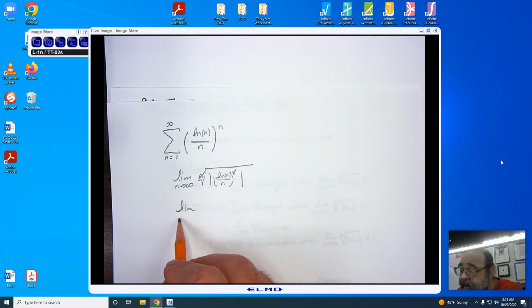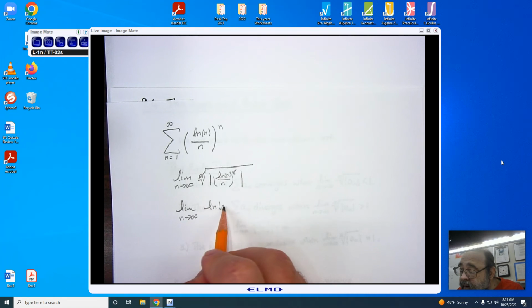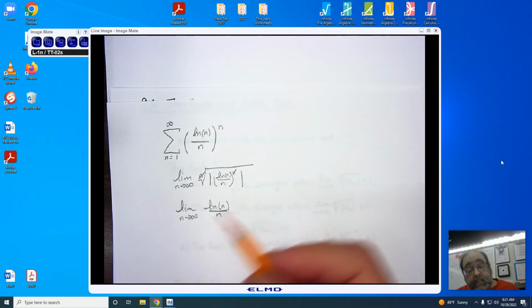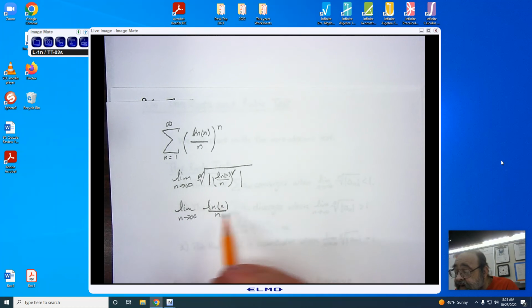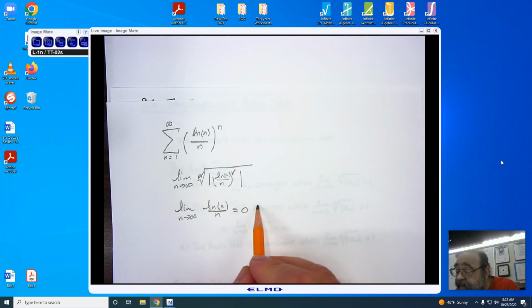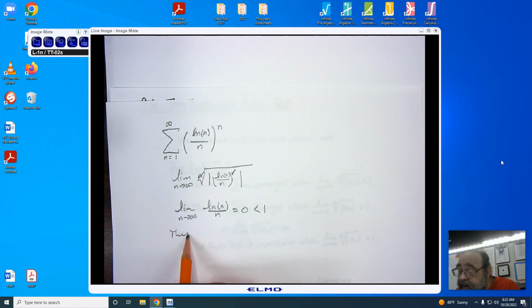I'm now looking at the limit as n approaches infinity of the natural log of n over n. Now, we know that as we do our limit by L'Hopital, this is going to 0, which is less than 1. And therefore, we can say that this series converges, and it is converging by the roots test.